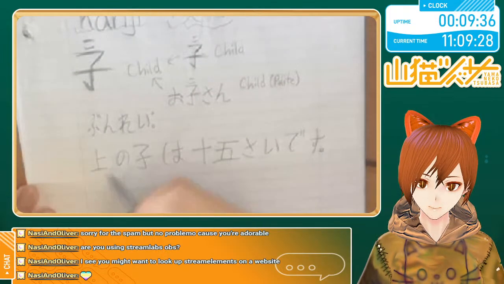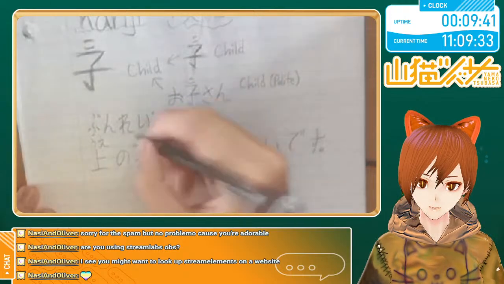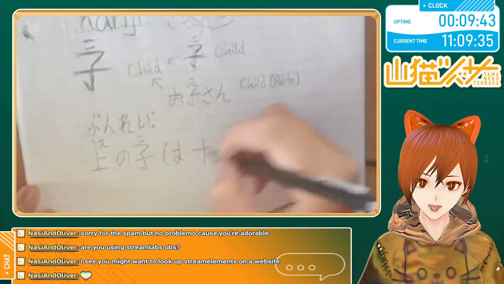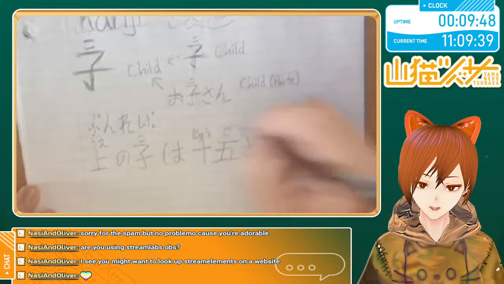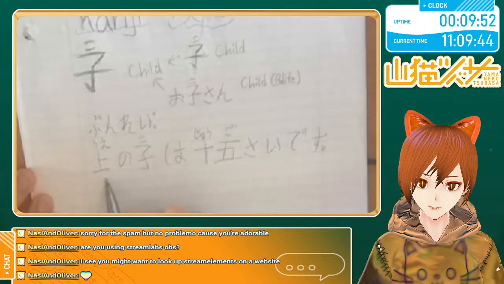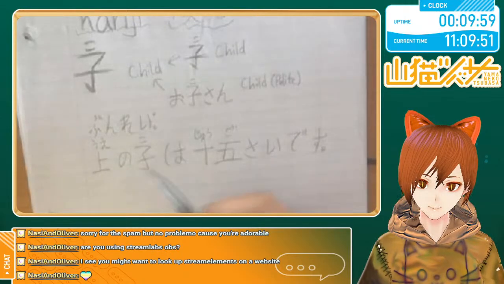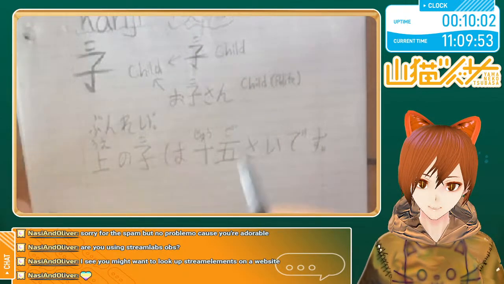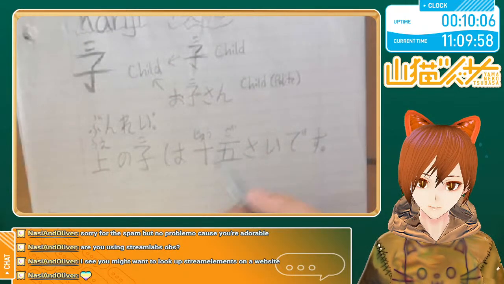Hi, so これは上の子は15歳です。So to parse this in English, 上 technically means above, but when you say 上の子, it actually translates into a phrase which is older child. 上の子は15歳です.